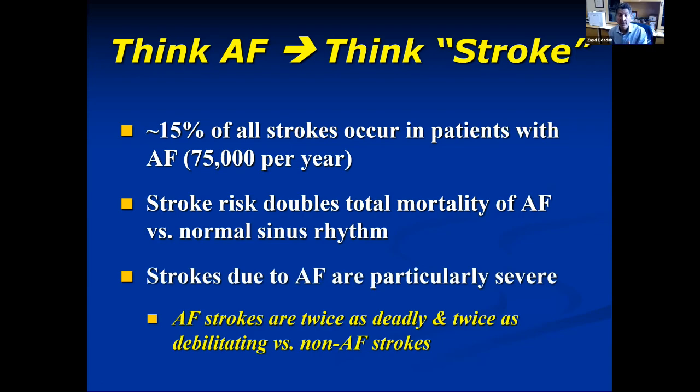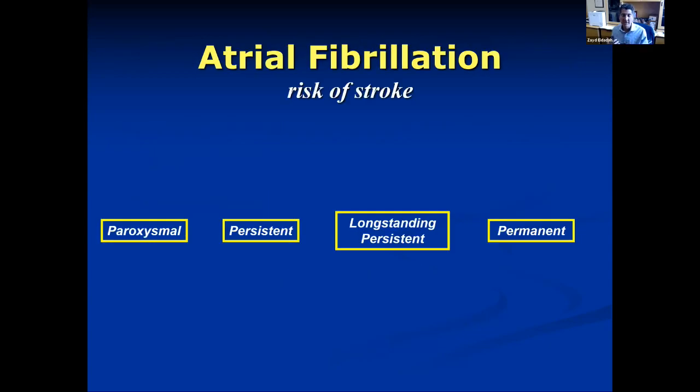Strokes in AFib are also particularly severe, not just because they make the likelihood of death higher, but if you look at AFib strokes, they're more deadly than non-AFib strokes. Strokes that occur because of cerebral vascular disease, etc., are apparently less deadly. AFib-related strokes are more likely to kill and more likely to debilitate, meaning render somebody with such impairment neurologically that they are bedridden.